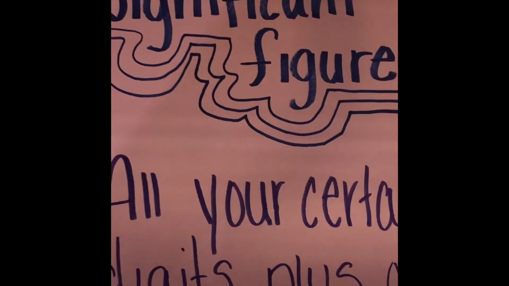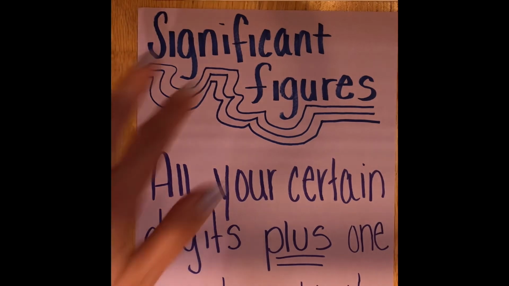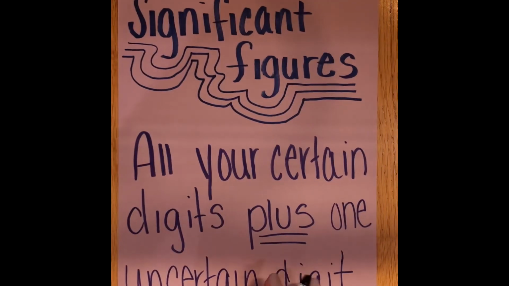So let's take a look at this. Significant figures are all of your certain digits that you found on your scale plus the one uncertain digit. It is also significant. So in order to take a good measurement, you've got to have all the significant digits or figures, that means the same thing.